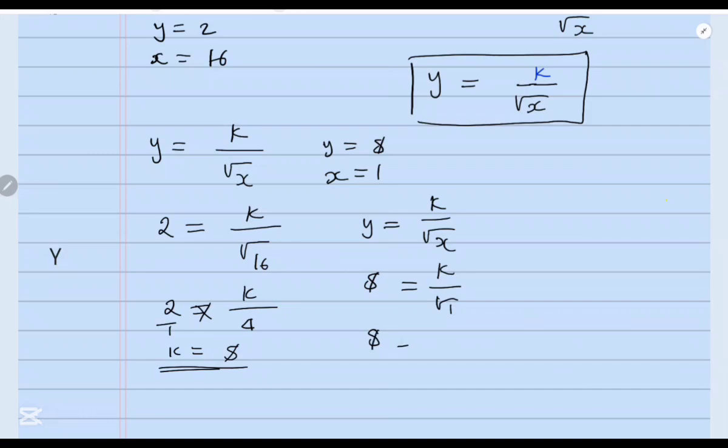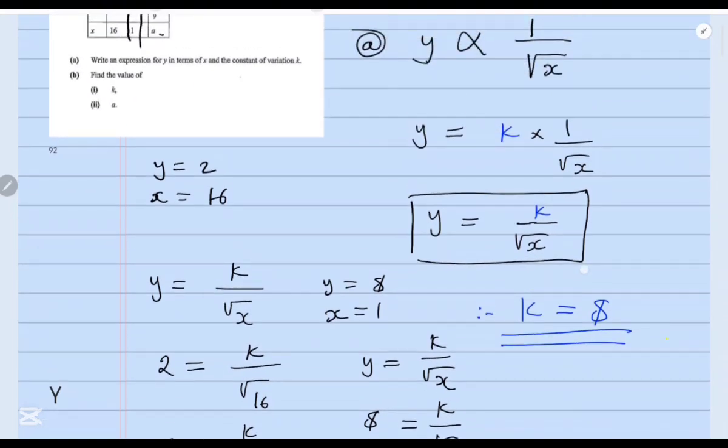So 8 is equal to k over root of 1, which is 1. Cross multiply, 1 multiplied by 8 is 8. So you see the value of k does not change. Therefore our k is equal to 8. We're done with the first part.